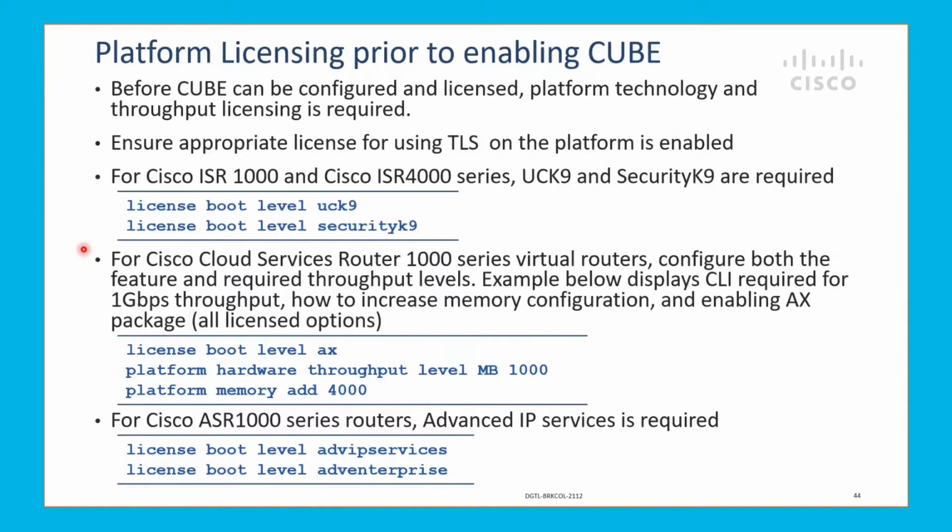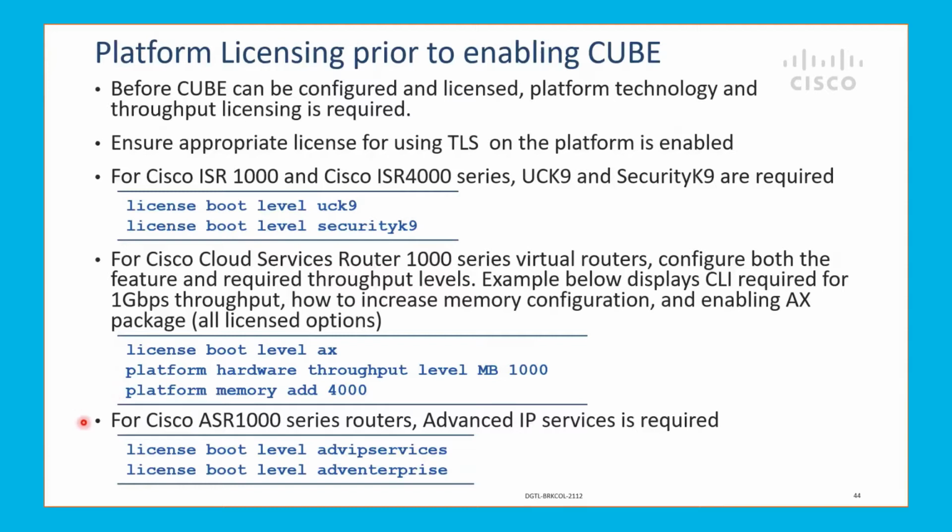The example below displays the CLI required for enabling 1 gigabit per second throughput, how to increase memory configuration, and enabling the AX package on the virtual router. All these are license options. This is the CLI to enable AX. This is the CLI to get the throughput to 1 gigabit per second. And in some cases, if you need to increase memory configuration, that's the CLI.